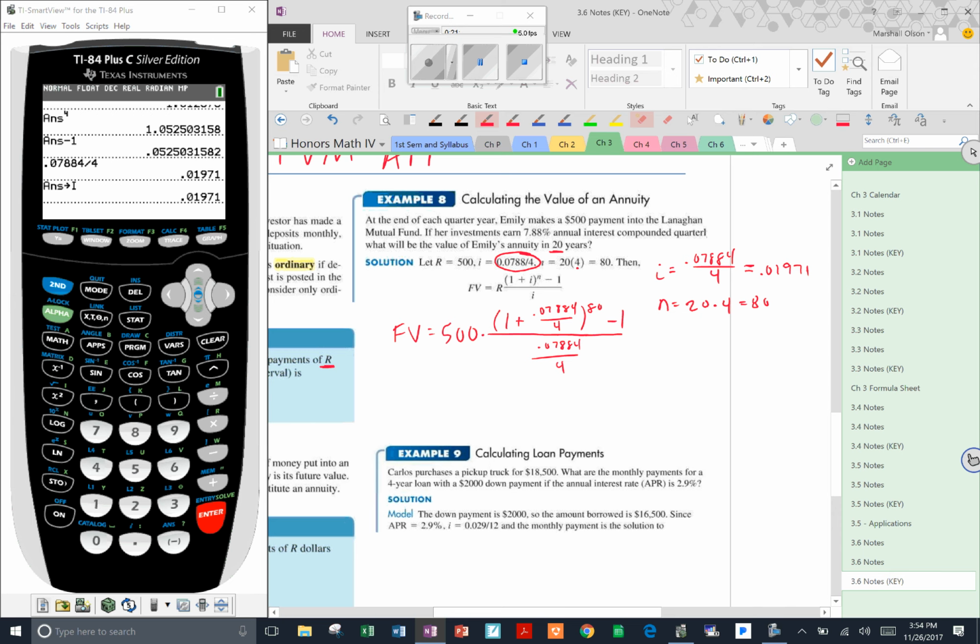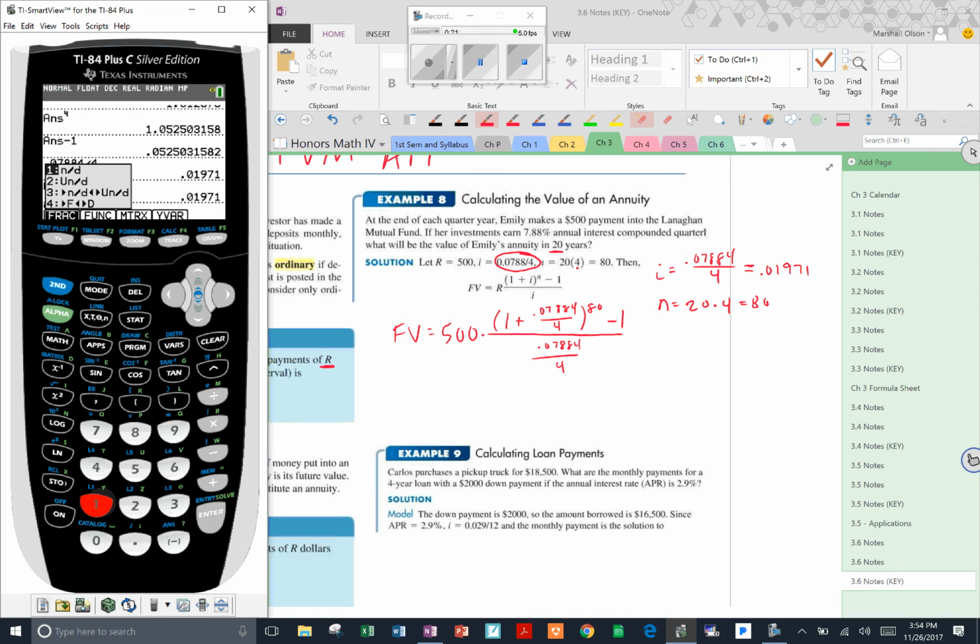But now what I'm going to do is take 500 times, and get my fraction template in there, and then in the numerator we have 1 plus, I'm going to use that I that I have, alpha I, or you could just type in 0.01971.